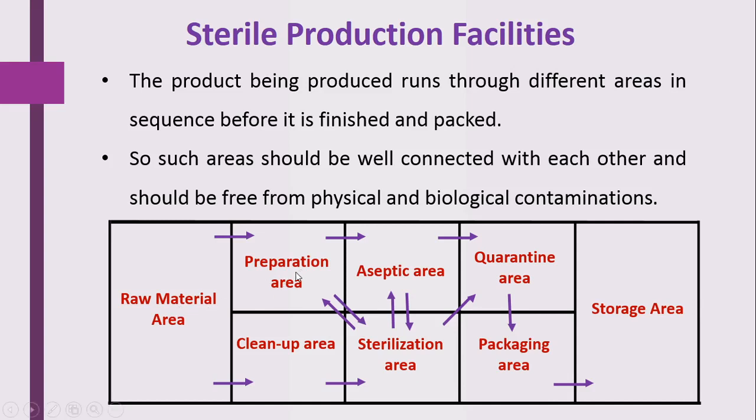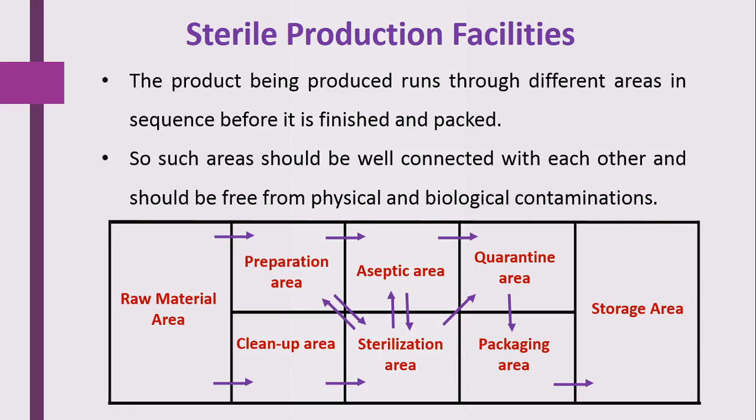So raw material, preparation area, cleanup area, aseptic area, sterilization area, quarantine area and packaging area, and last one the final product storage area. So this is about the facilities required for sterile production.